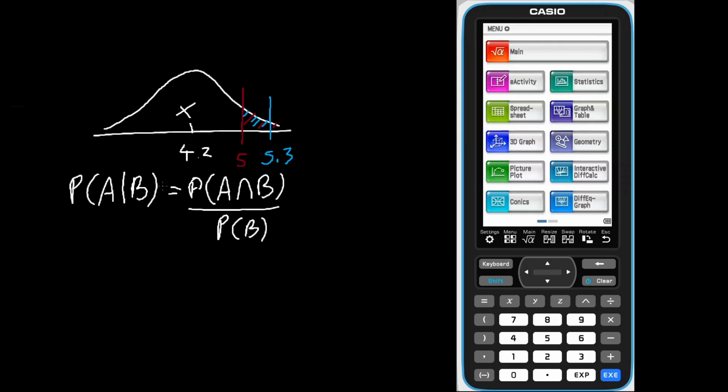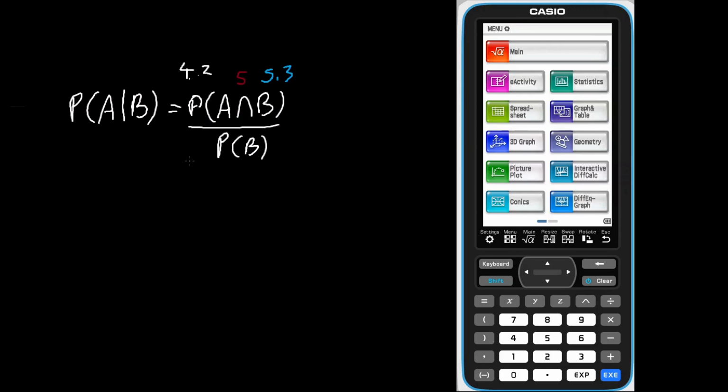Okay, so how do we write this? The next step to write this with maths is saying that the probability of X being less than or equal to 5.3, given that X is greater than or equal to 5. So that's what we need to do.